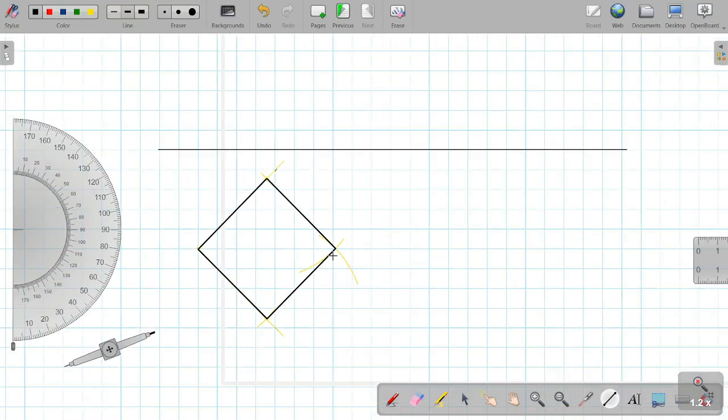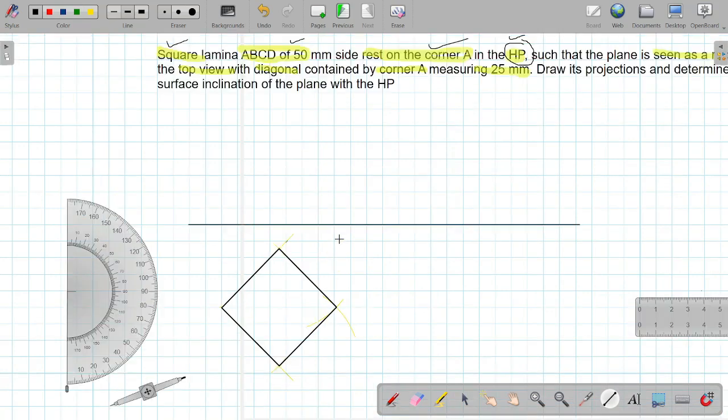So this completes the square wherein one of the corners is on HP, that is, we have kept it on the right hand side.